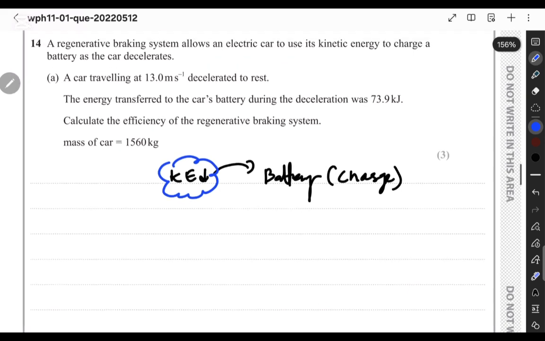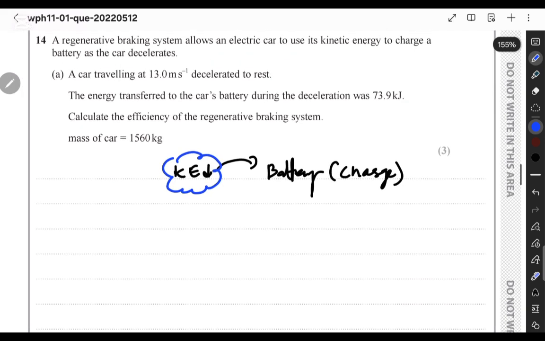Hope that makes sense. And it says the car is traveling at 13 meters per second and it decelerated to rest. And then the energy transferred to the car's battery during the deceleration was that much. So this is going to be the output. This is what we're looking for. We're looking to charge the battery, and the input for that is going to be the decrease in kinetic energy.